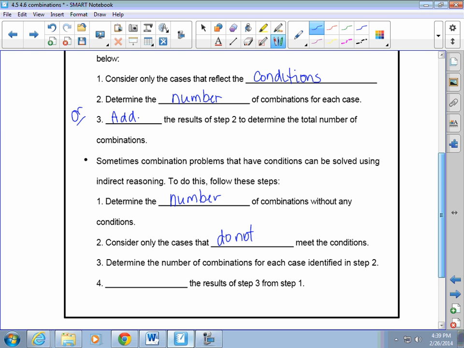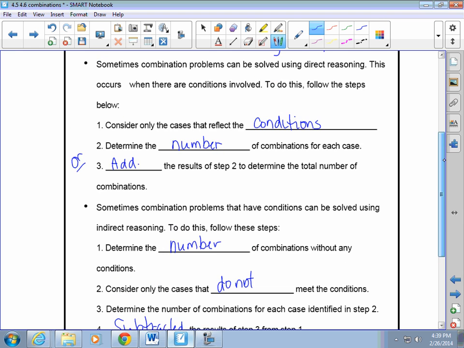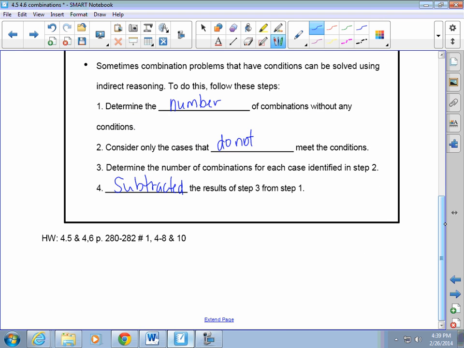Determine the number of combinations for each case identified in step 2, and then we multiply those results. We multiplied in determining the combination, and then once we found those results, we subtracted them from our total. So if you remember those few little things, that'll help you immensely with solving combinations. So there's your questions to do.